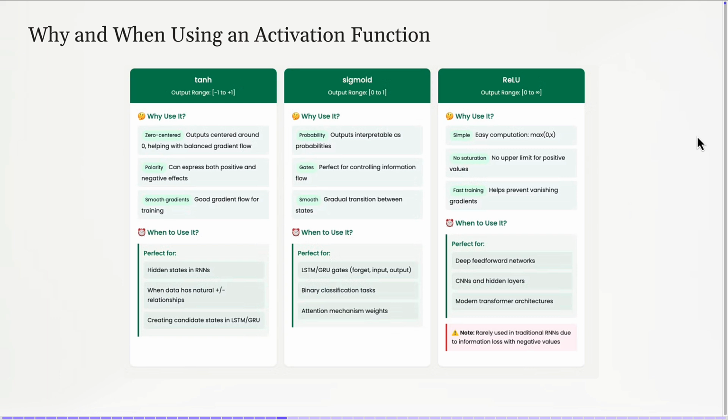When to use it: for the hidden state in RNN, I'm going to explain this. When data has a natural plus and minus relationship. For sentiment analysis, you usually have positive or negative sentiment. It's not binary, we think about it as binary classification, but the features need to have polarity, whether it is located on the positive side or the negative side.